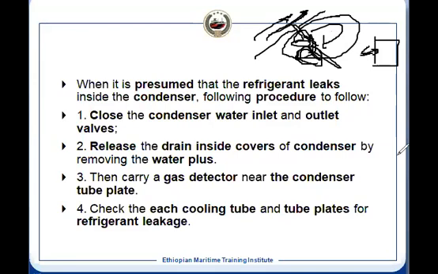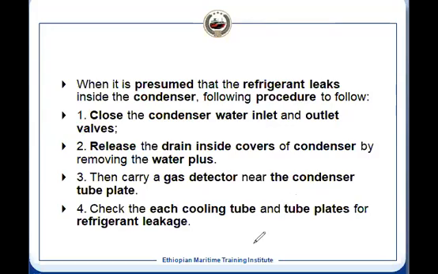So there will be a safe distance between the pipes, and you can keep the sensor closer to this pipe and the joints to find out the leak. If it is internal sound, it will not come out to the atmosphere, so it will not detect that sound. It will detect the turbulence created in the atmosphere in the near vicinity of the leak, outside. So this is the way we do the condenser tube leakage check.